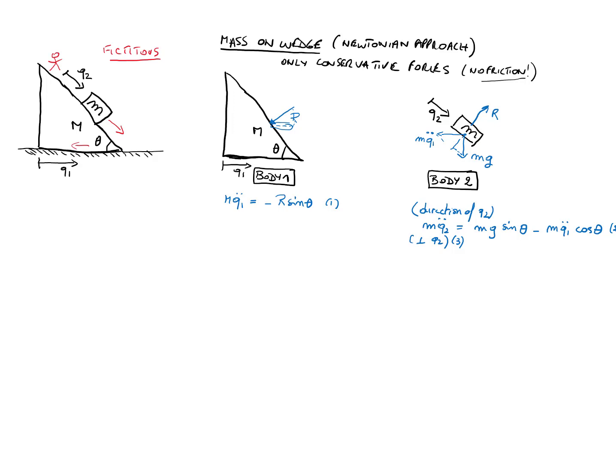In the perpendicular direction there is no acceleration, so we can write 0. Mass times no acceleration is 0. Okay, of course there is the contribution of R. And the other ones will have a negative contribution.